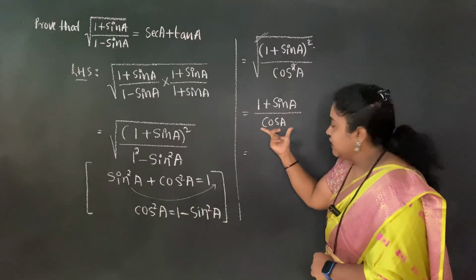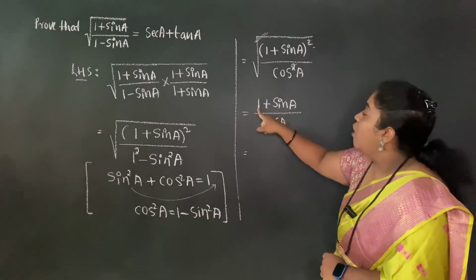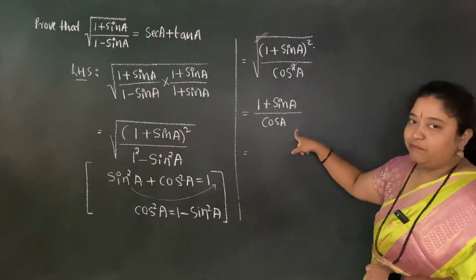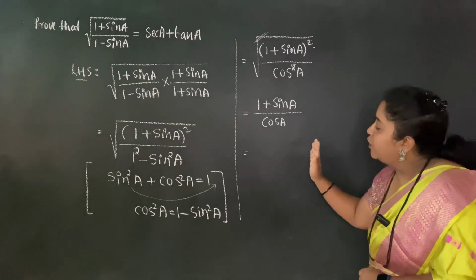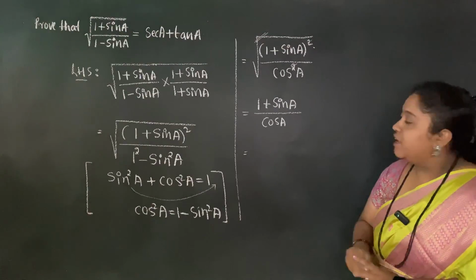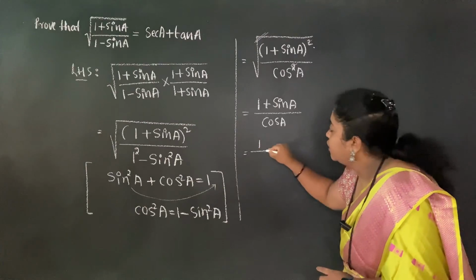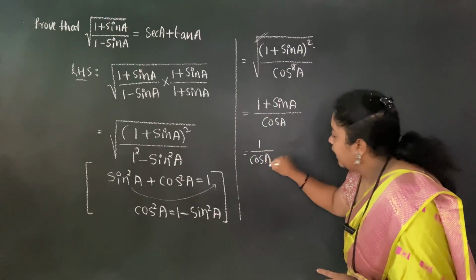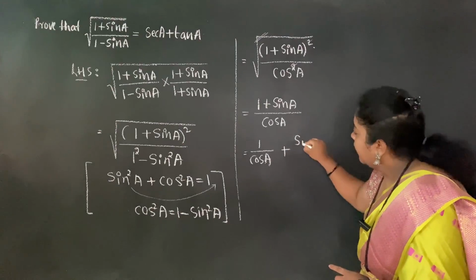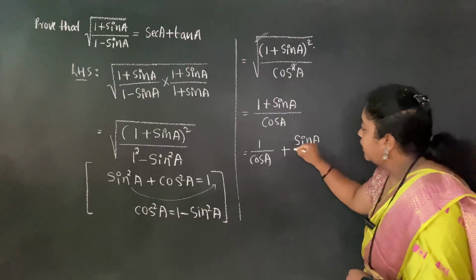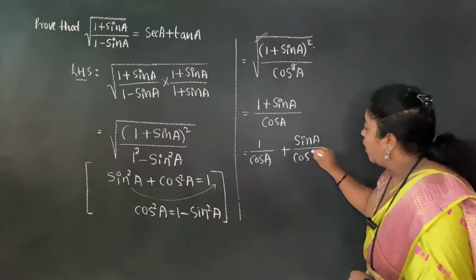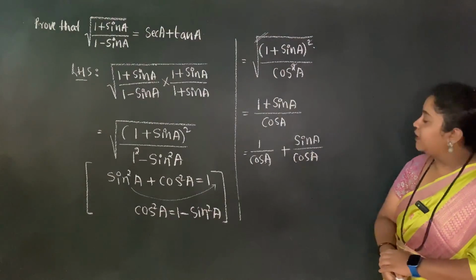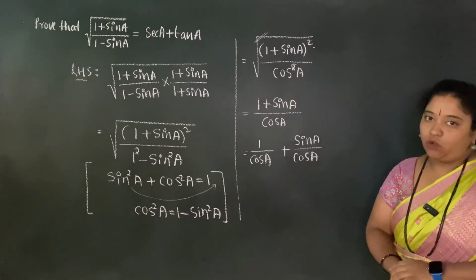Here cos A is the common denominator of 1 by cos and sine by cos. Yes or no? So I'm going to split and write the values. If I split and write, what am I going to have? 1 divided by cos A plus sine A divided by cos A.